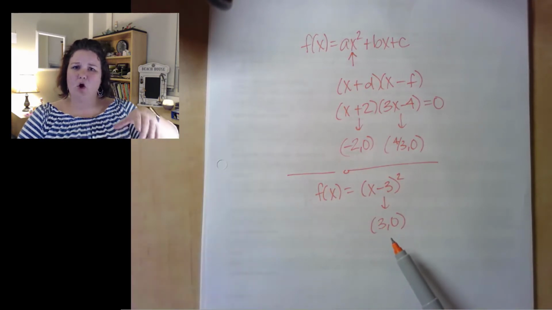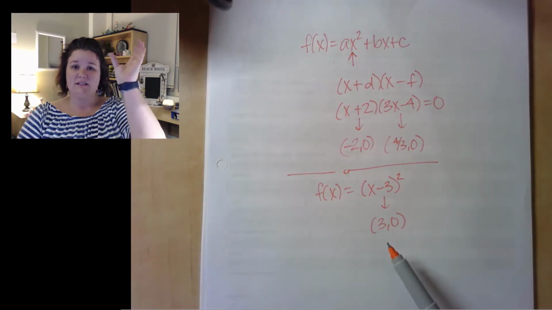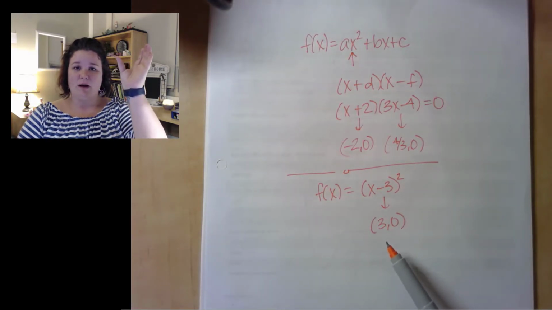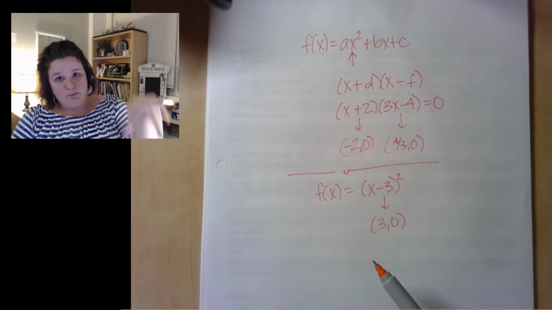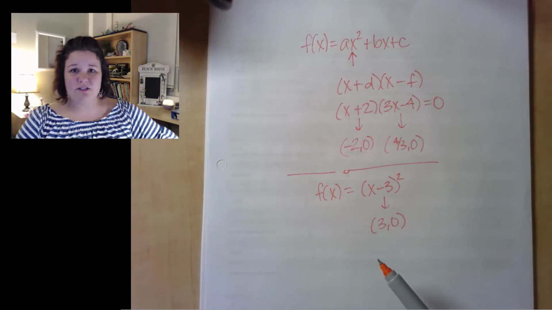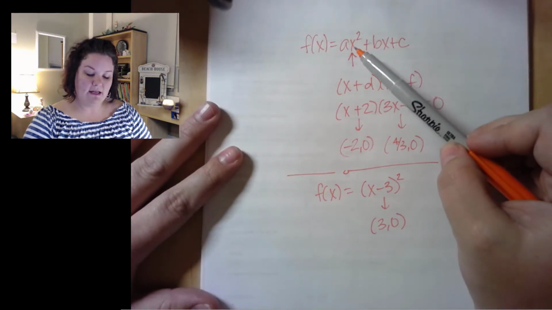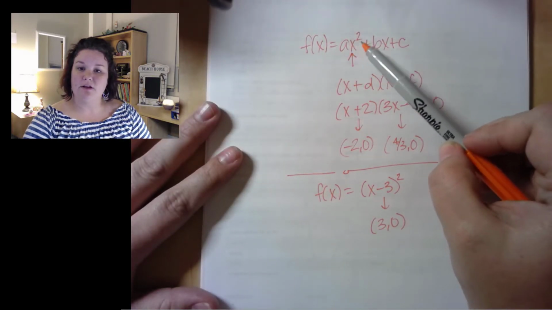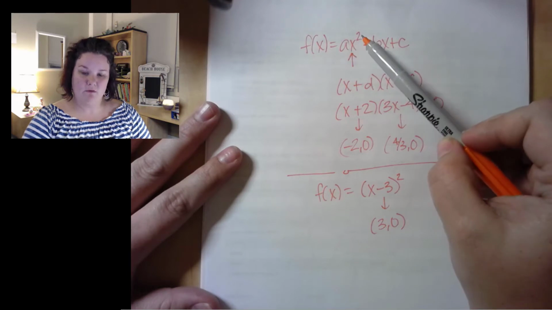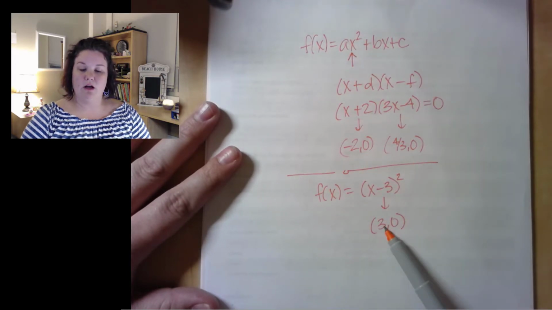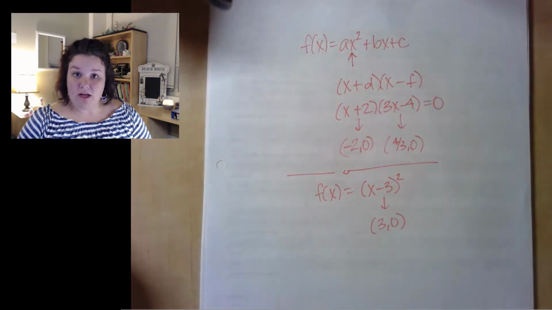Remember those parabolas that opened up above the x-axis? They had no x-intercept, or the parabolas that opened down that were below the x-axis, they didn't have x-intercepts. So the number of intercepts is very much related to the degree of the polynomial, right? This is an x squared. We could get 2, we could get 1, or we could get none, right?